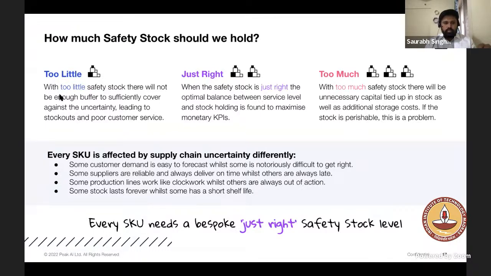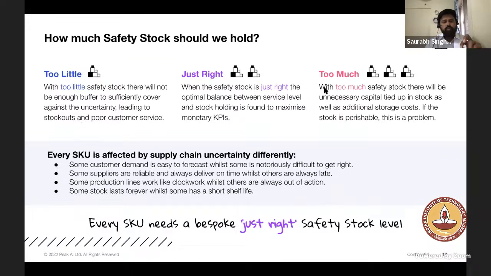But in that scenario, if you have too little safety stock, there will not be enough buffer to sufficiently cover the uncertainty, right? Suppose the uncertainty period becomes elongated, then even after that safety stock is consumed and you haven't received your supplies, you will go into a stockout situation, which will lead to stockouts and poor customer service.